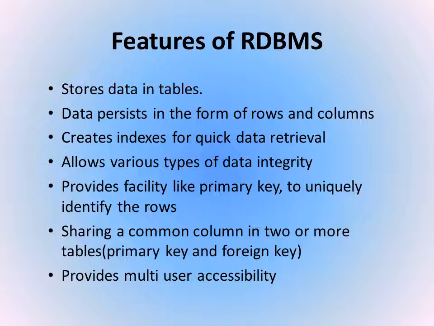So this means that the relationship between the tables is created by matching the primary key in one table with the foreign key in the second table. So in our example, the course table has a course ID column. The course ID column in the course table is the primary key, whereas the course ID column in the student table is the foreign key.